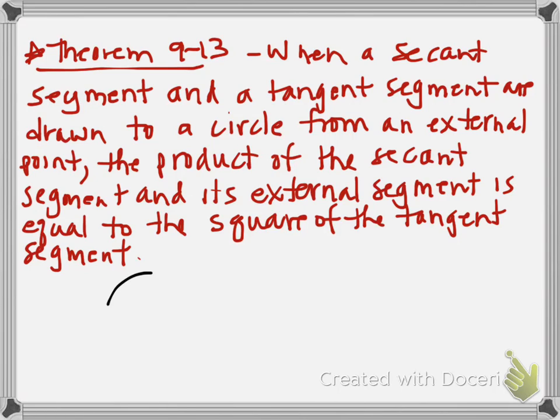So when a secant segment and a tangent segment are drawn to a circle from an external point, the product of the secant segment and its external segment, which sounds just like what the last one said, is going to be equal to the square of the tangent segment.